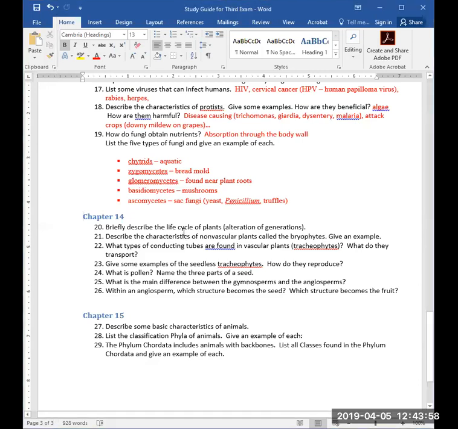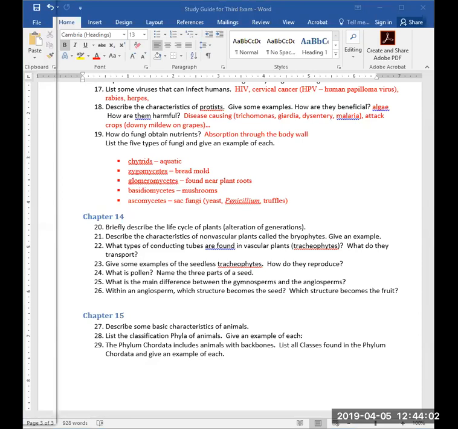So the life cycle of plants and alternation of generations. This is just a way that plants alternate their life cycle, or they spend different parts of their life as different organisms. Okay, good. You finished it. Very good.